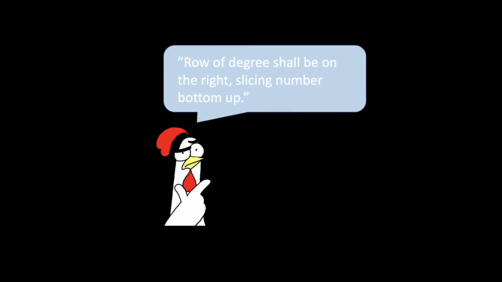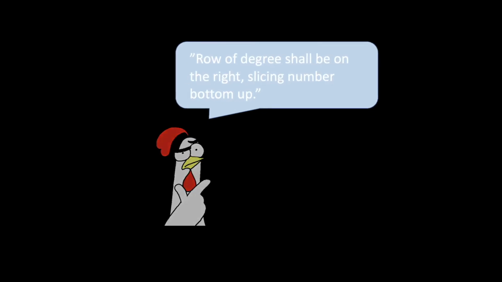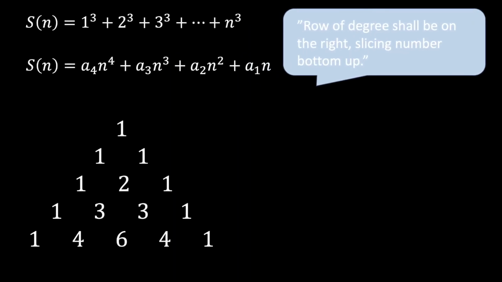Let's look at an example where we sum integers cubed. With the experience of previous examples, we expect that the formula takes the form of a degree 4 polynomial. What should ring in your head now is row of degree shall be on the right. Okay, we got the degree 4 polynomial, so we look for the fourth row in Pascal's triangle. The row of numbers shall then be on the right.